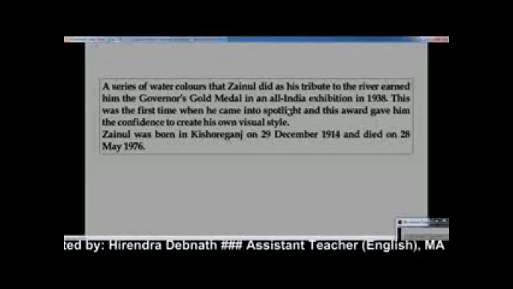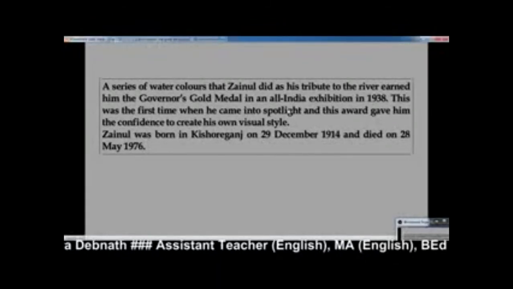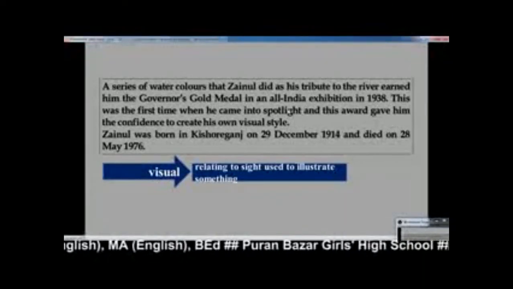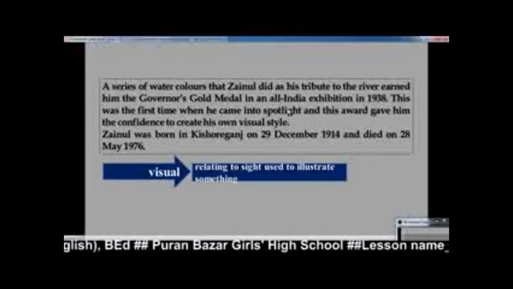Confidence means self-trust to create his own visual style. Visual means relating to sight used to illustrate something. Zainul was born in Kishorganj on 29 December 1914 and died on 28 May 1976.